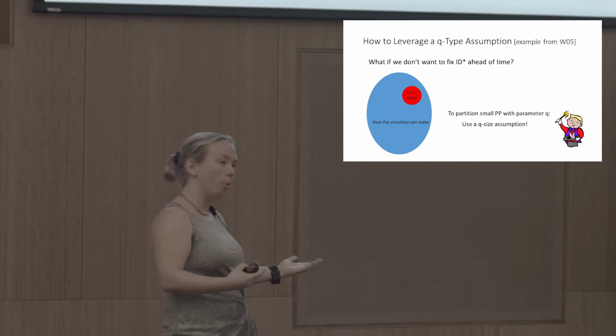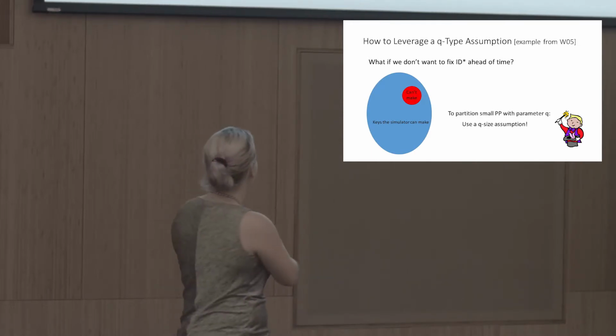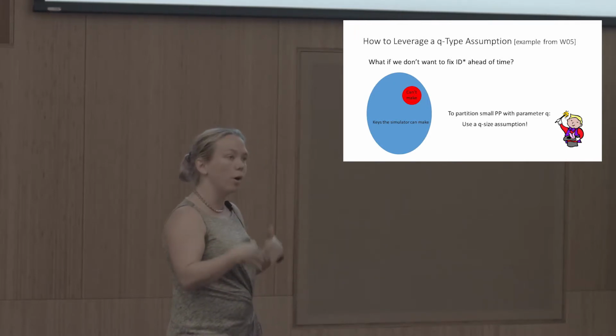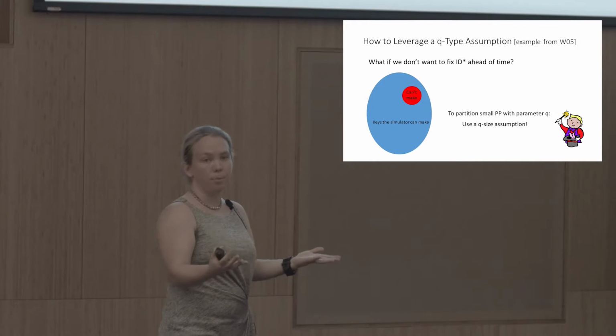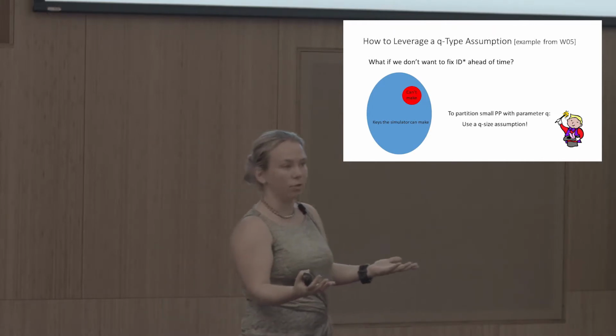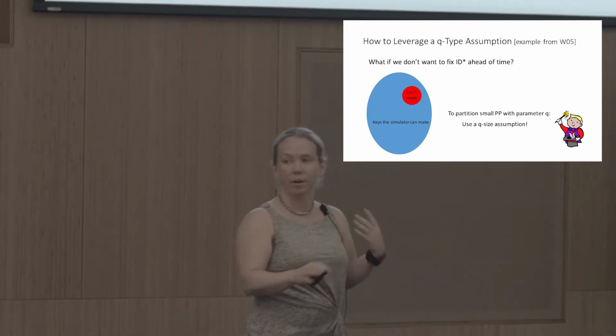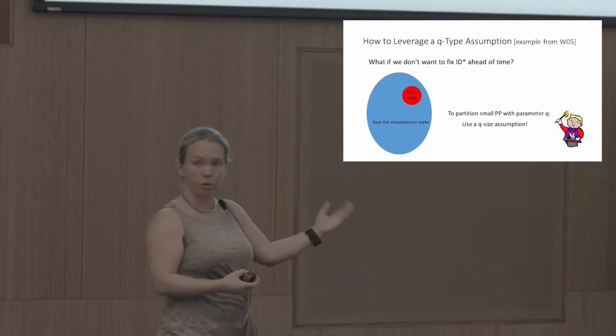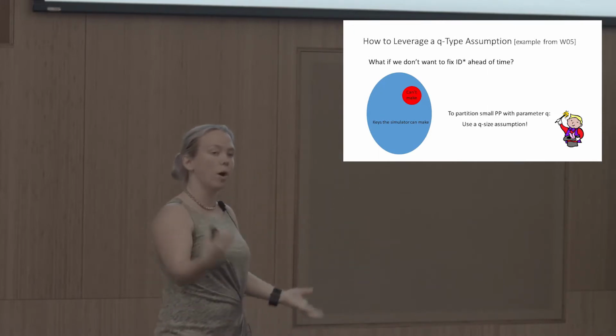And let's say we make this portion of keys that we can't make roughly 1 over q of the entire identity space, where q is the number of queries the attacker is going to make. So ultimately, he's going to ask for q things, where q is a polynomial, and he's going to attack with one thing.